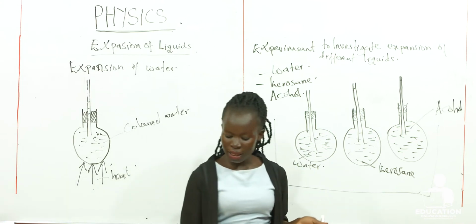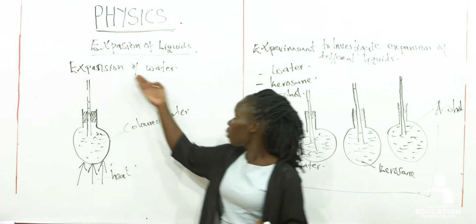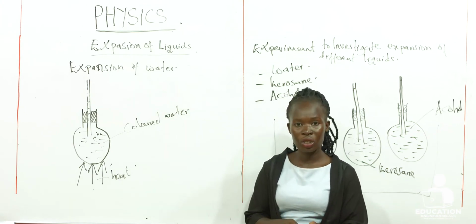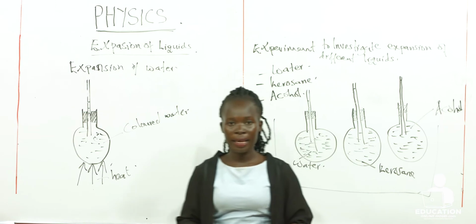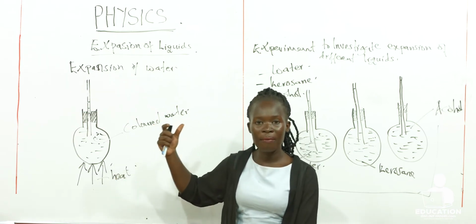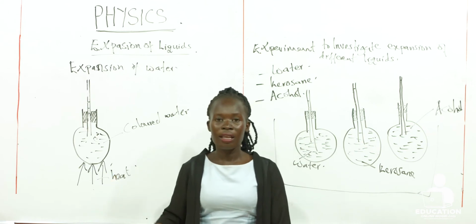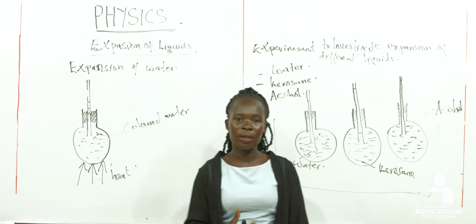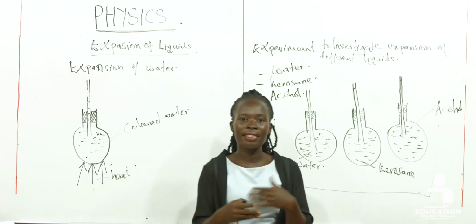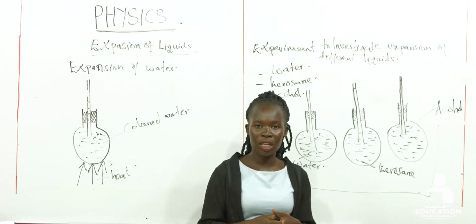So you see that the expansion of liquid has got its application. Where do we apply this? It is applied in the thermometer. The thermometer needs a liquid that can sense any slight increase in temperature.